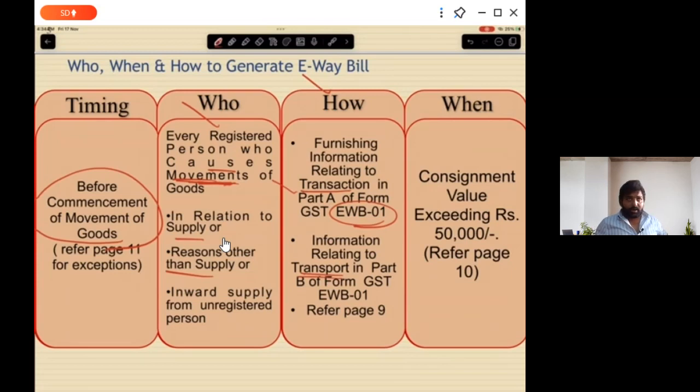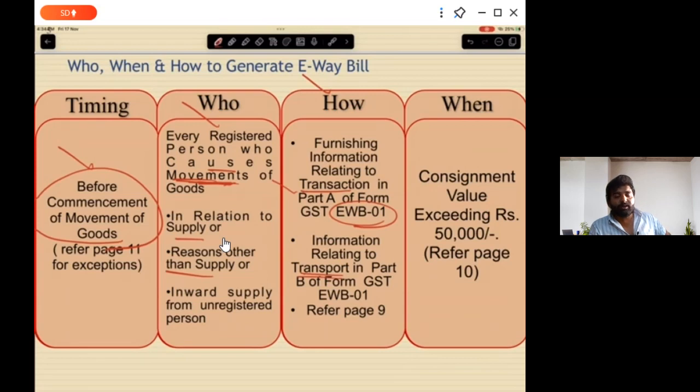Part A is about transaction details and part B is about transport details. So part A needs all the information of invoice and part B needs all the information of transport. So these are the two parts of e-way bill, part A and part B. The form number for e-way bill is called EWB01 and it needs to be issued before commencement of goods, but there are few exceptions.